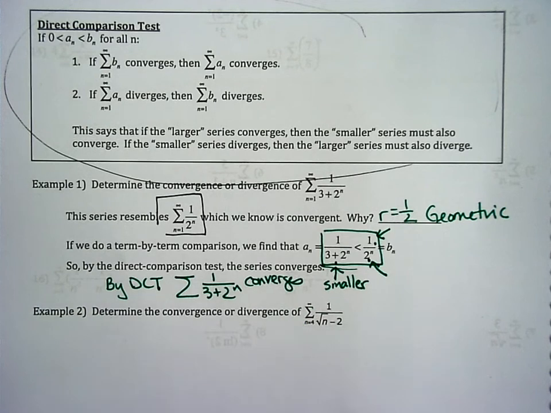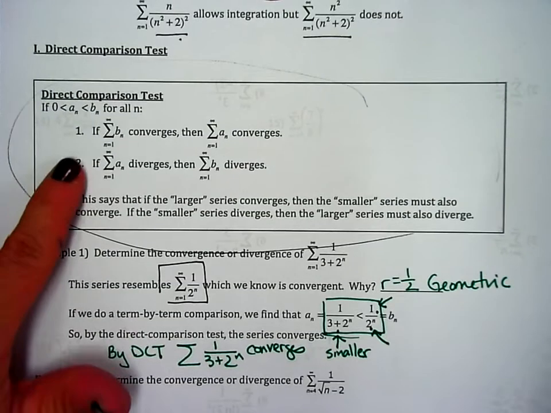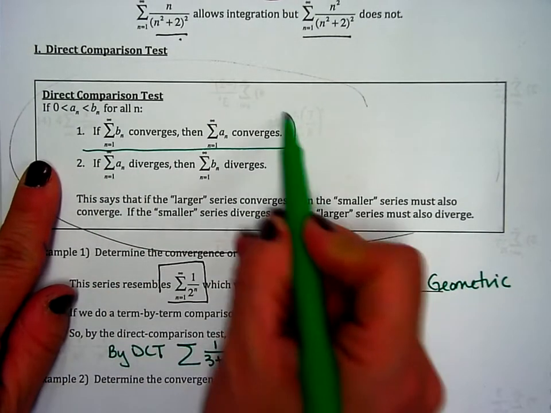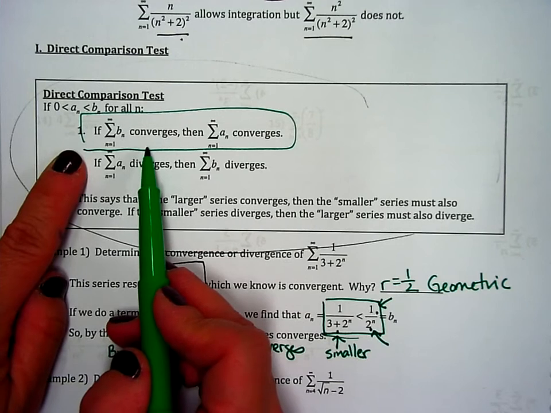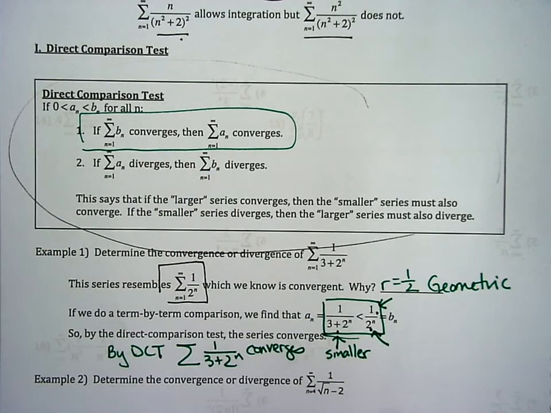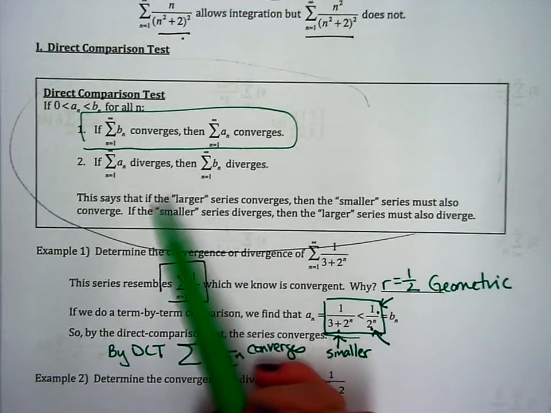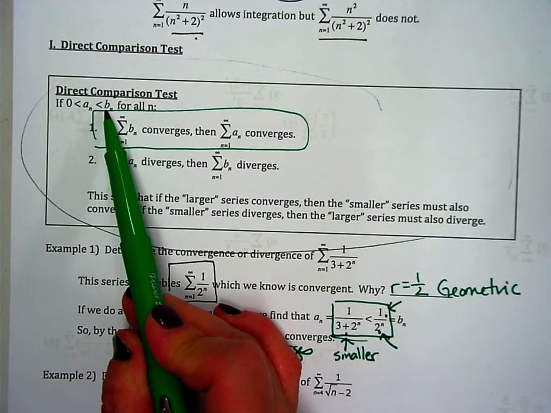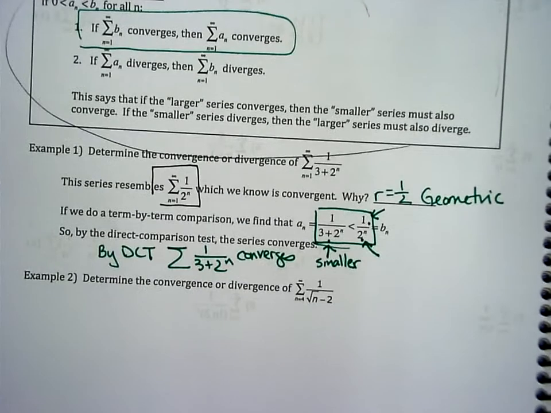So the first conclusion that's written on this note card basically says that if something converges, then anything smaller than that should also converge if a sub n is always less than b sub n.